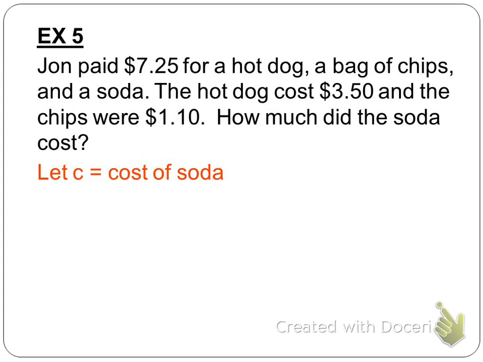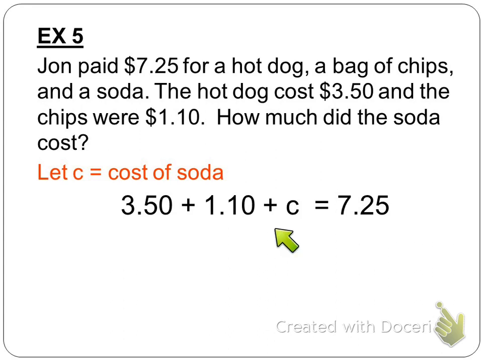That's what I'm trying to find. All right, so we have $3.50. That's the price of the hot dog, right? Plus $1.10. That's the chips. Plus, we don't know the cost of the soda. That's our unknown. That's what we're solving for. And that equals $7.25.